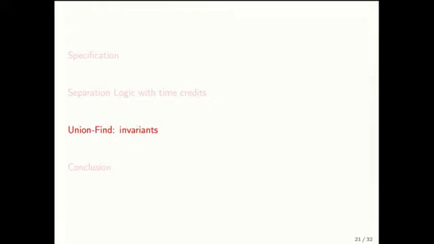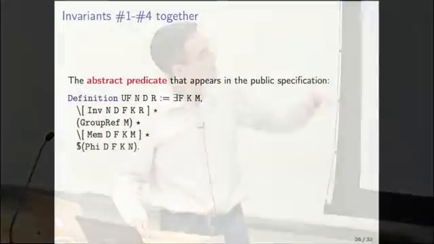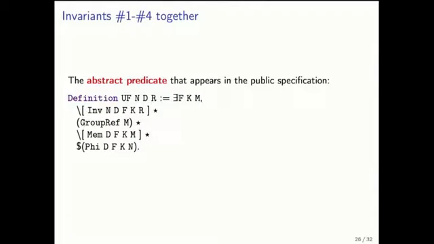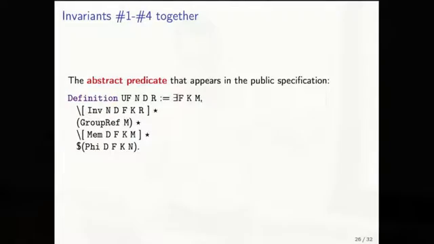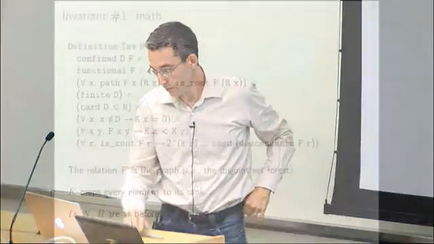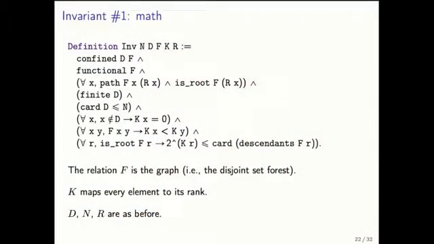Okay, so this leads me to the last part of the talk, where I'm going to say a few more words about how we define UF internally, in particular, what it looks like. So UF is a conjunction of four things. Well, the definition looks like this, and I'll explain in turn what these four things are. I don't think I have to go too deep into the details.